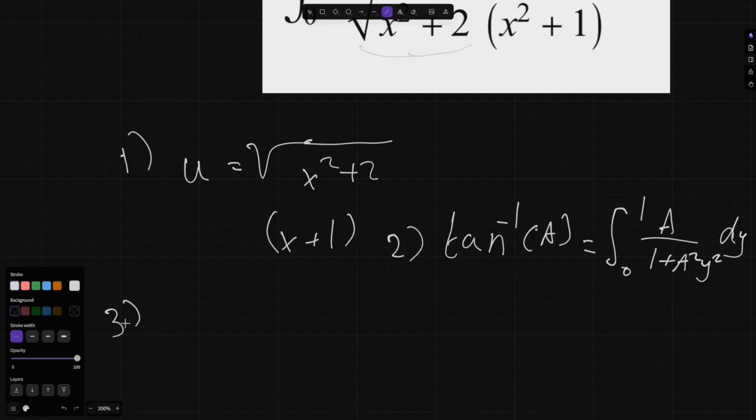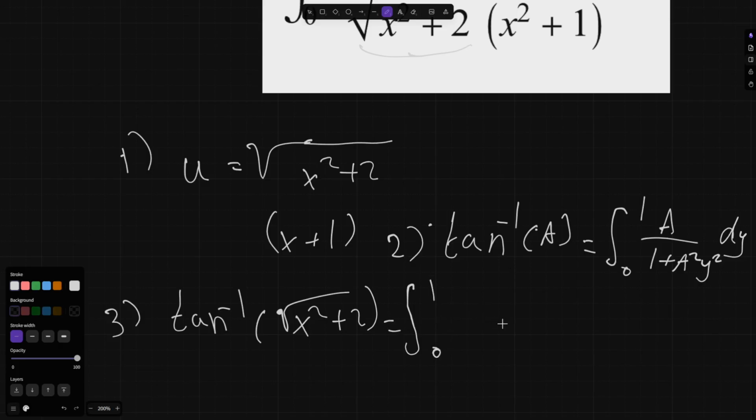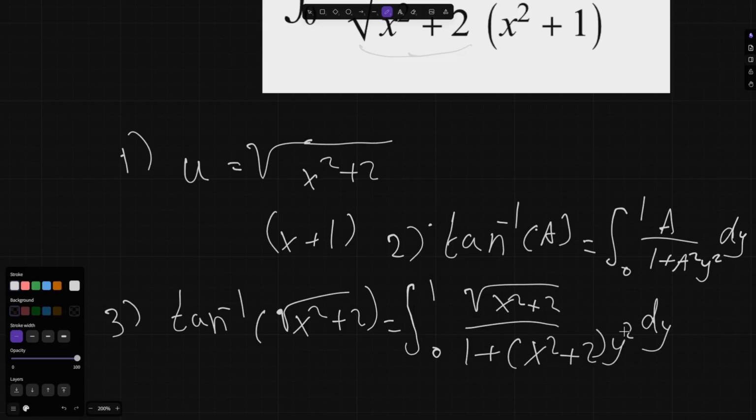The third part, after we substitute that into our original problem, with a equal to the square root of x squared plus 2, arctan of the square root of x squared plus 2 is going to become the integral from 0 to 1 of the square root of x squared plus 2 over 1 plus (x squared plus 2) y squared dy. Okay, so this is our third step.